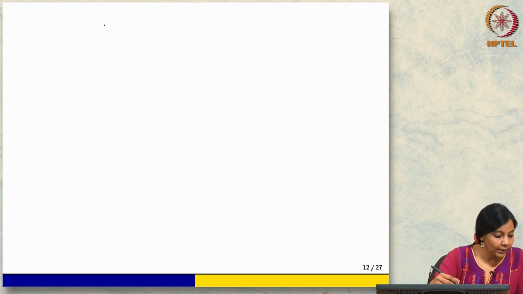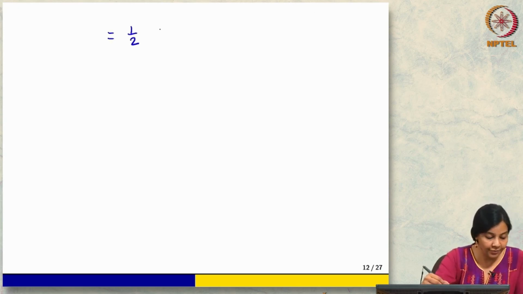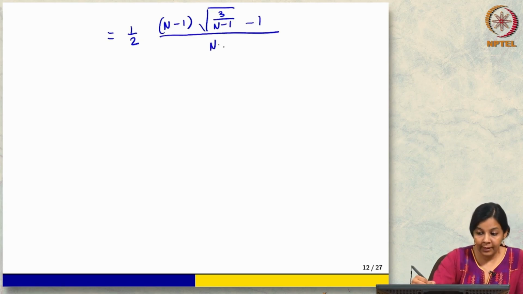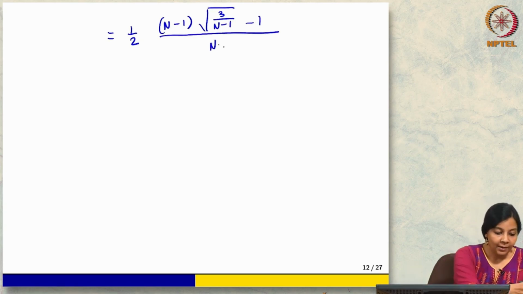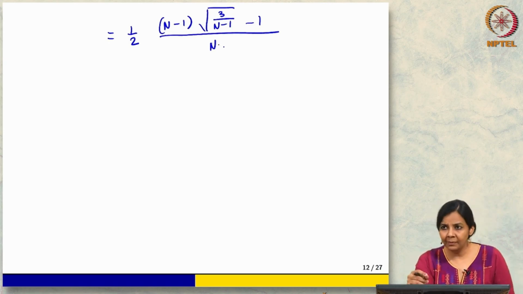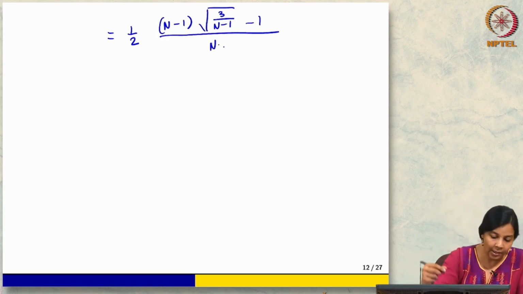So now this is in fact equal to half n minus 1 square root 3 over n minus 1 minus 1, the whole over n. From the previous page you cannot see, but it's just simple stuff, so you can check it.